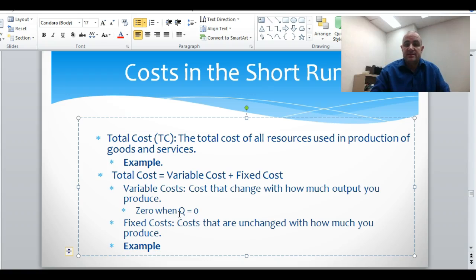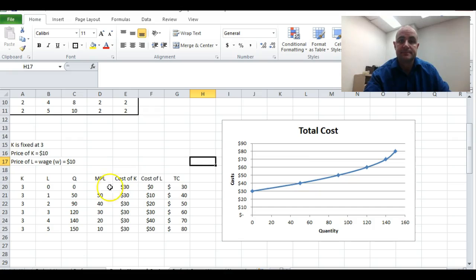Because of that, when we produce 0 units, we have no variable cost. Your fixed costs are costs that are unchanged depending on how much you produce. So if you produce 0 units or 1 million, your fixed cost is what it sounds like, it's fixed. Okay? So let's look at an example here.